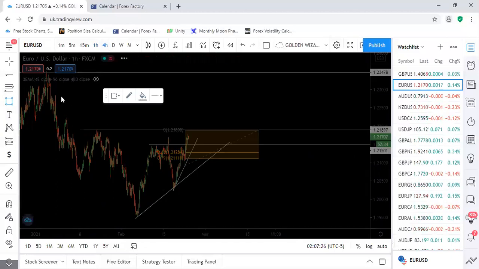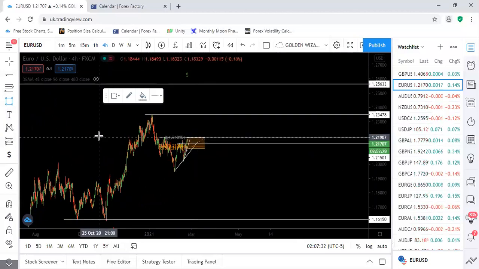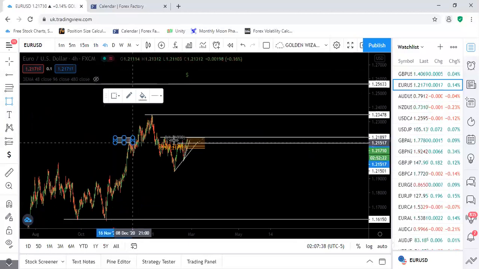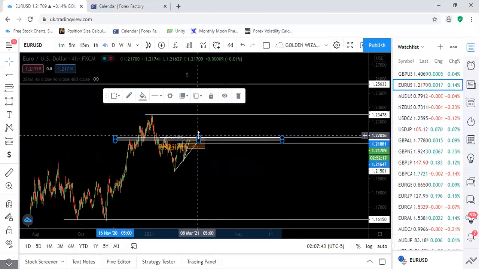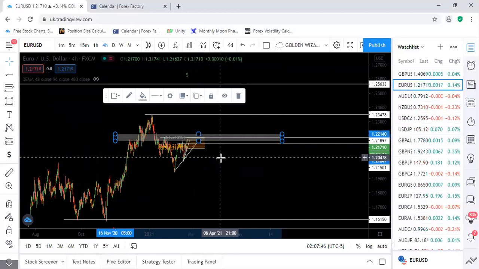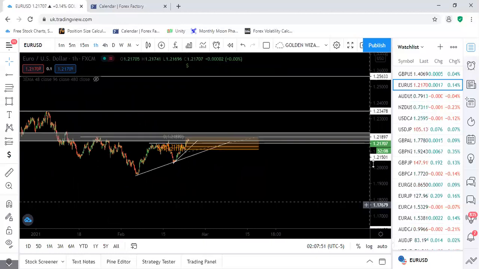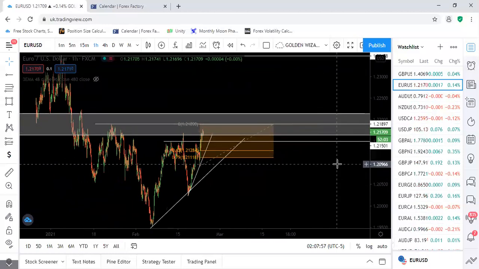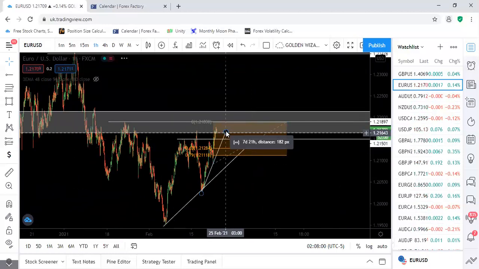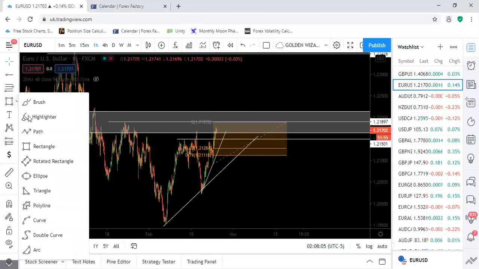Let me take this to the 4 hour. And we see it right here. And we can even extend this a bit. I guess what that does is give me some kind of context for what I'm looking at here in anticipation of a buy setup.